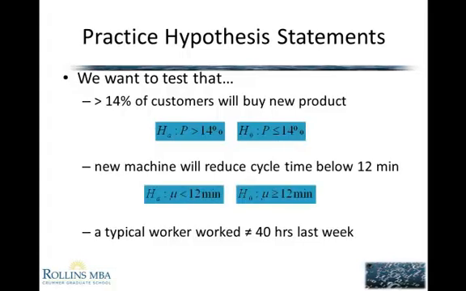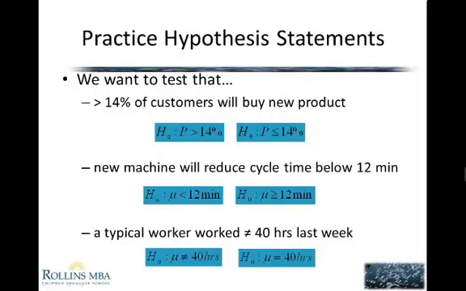So the appropriate alternate statement is that our average cycle time is less than 12 minutes. This captures the claim represented in words right above, that this new machine will reduce cycle time below 12 minutes, mu less than 12 minutes. The null hypothesis statement in symbols would be that mu is greater than or equal to 12 minutes, as the complement of the alternate hypothesis statement.